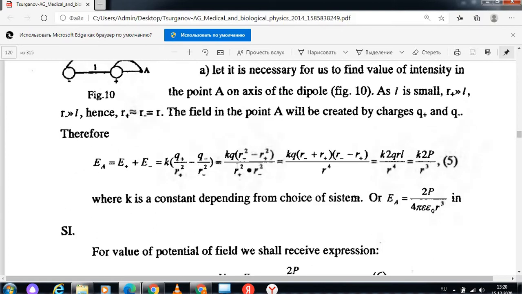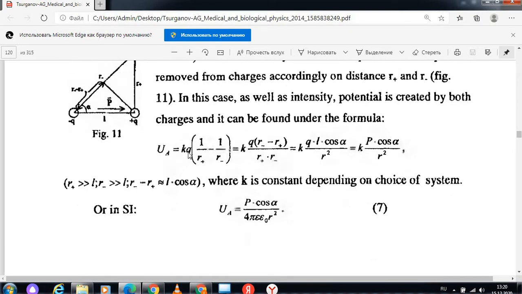We turn to our L, our arm between the two points, and to the r, the distance from the points of the field. So it will be Q k multiplying this ratio, r minus minus r plus, divided by r plus times r minus.